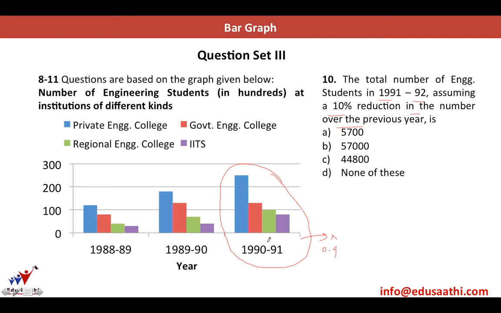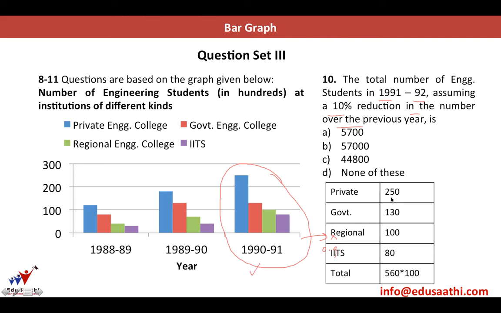So let's count the number of students for this year first. For private colleges I have 250, government 130, regional 100, and IITs 80. So this gives me a total of 560, multiplied by 100, because all these numbers are in hundreds as mentioned here. So for 1991, the total number of students is 56,000.